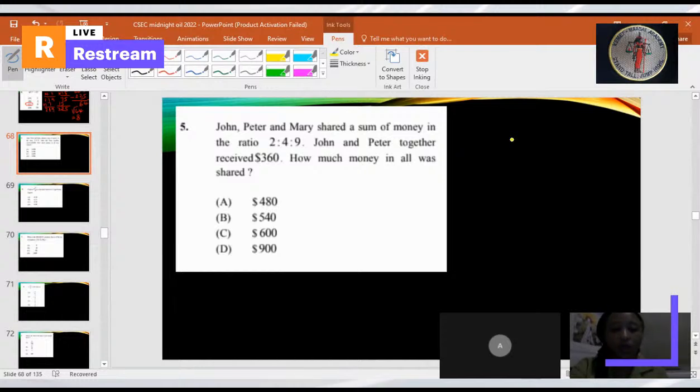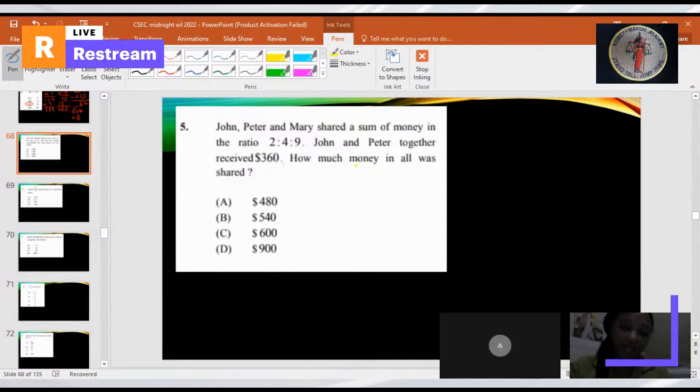So, how do we work out how much money in all was shared? John and Peter, 6 out of 9 multiplied by 360. Would that give us the total? Remember, 360 is not the total.